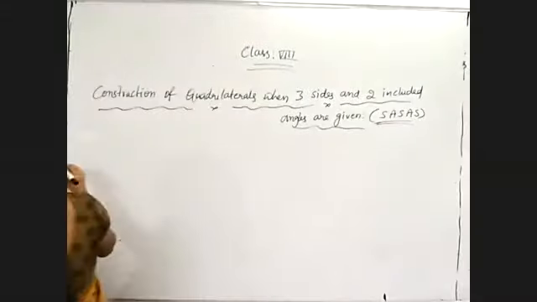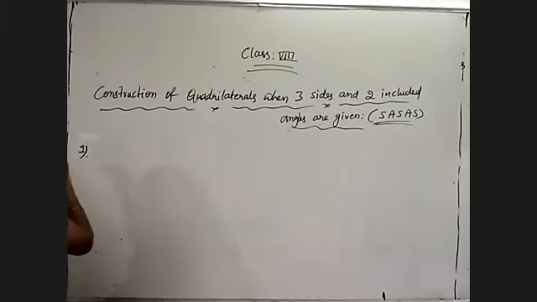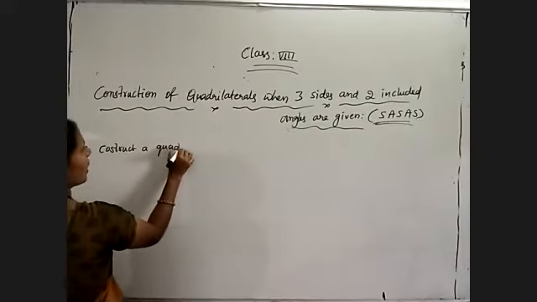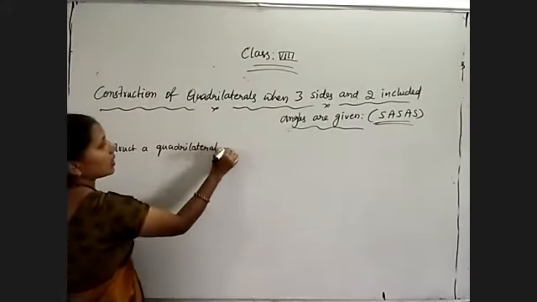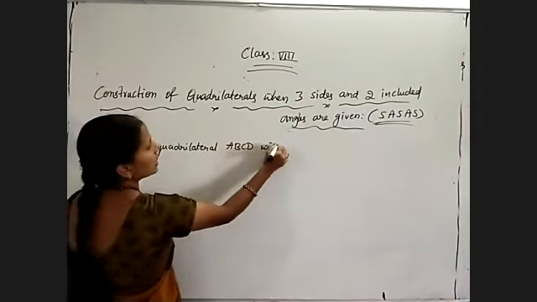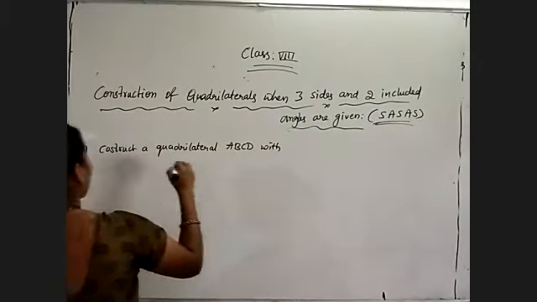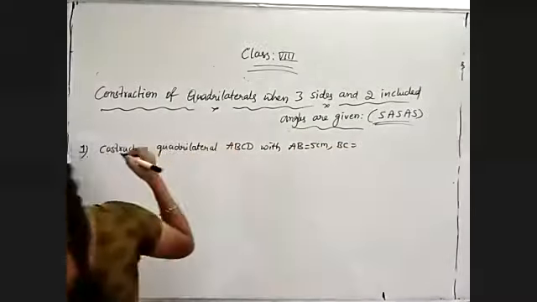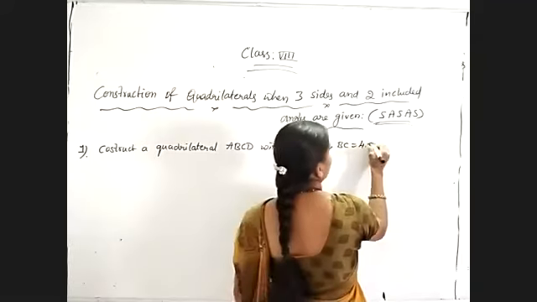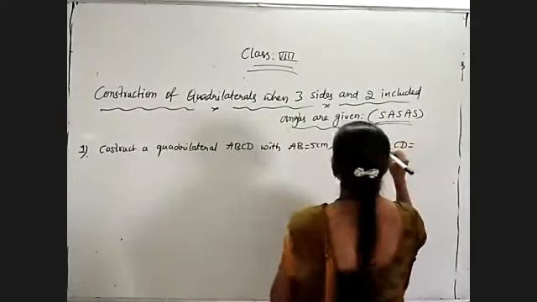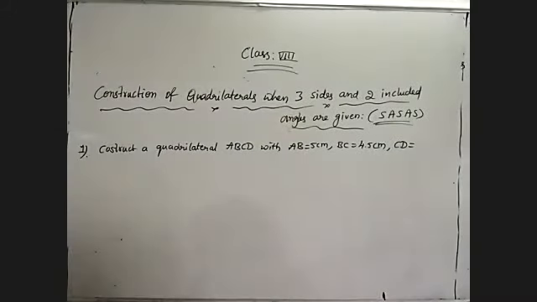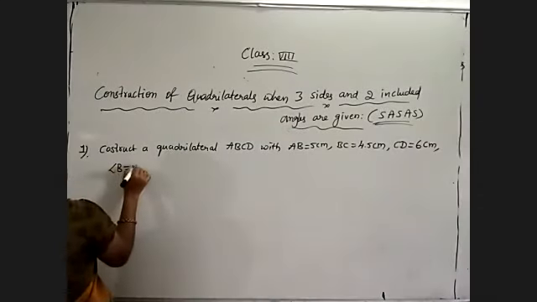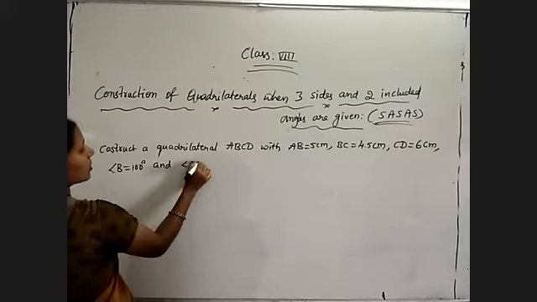And go through the example. So my first example is: construct a quadrilateral ABCD with AB equal to 5 centimeters, BC is equal to 4.5 centimeters, CD is equal to 6 centimeters, angle B equal to 100 degrees, and angle C is equal to 75 degrees.